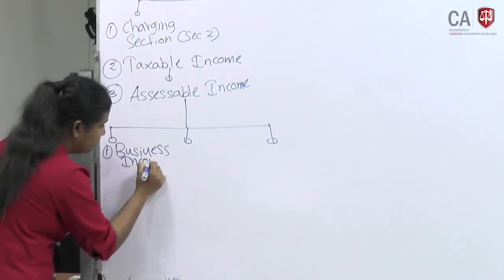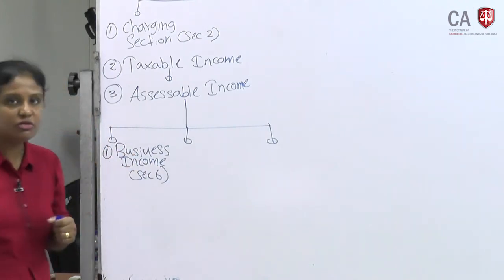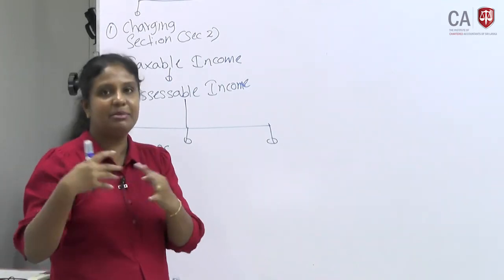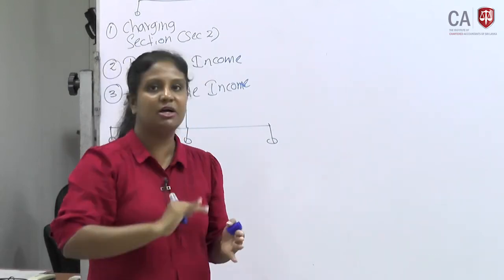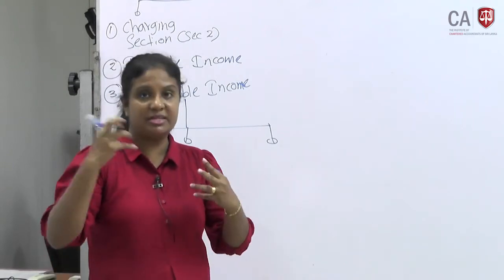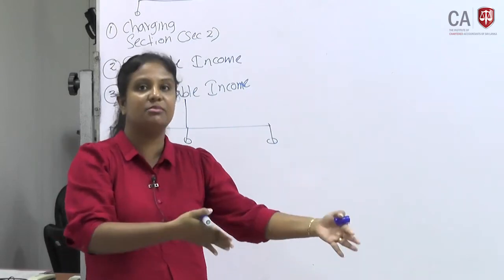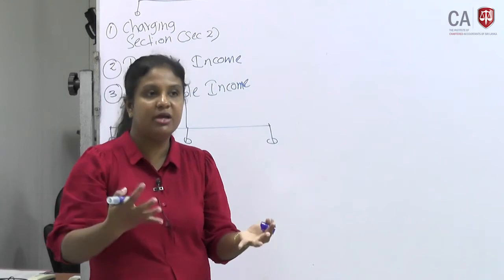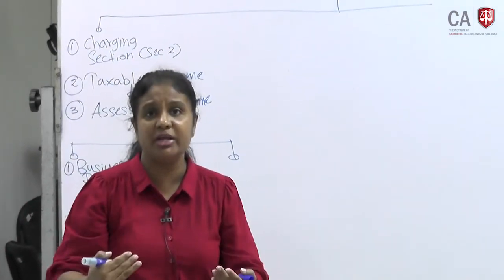Business income is in section 6 of the Act. Please go through section 6 of the Act. It is very clearly mentioned there: the list of business income, service income, manufacturing income, buying and selling income, the restriction of capacity to do the business, and the charge if a depreciable asset has been disposed of.